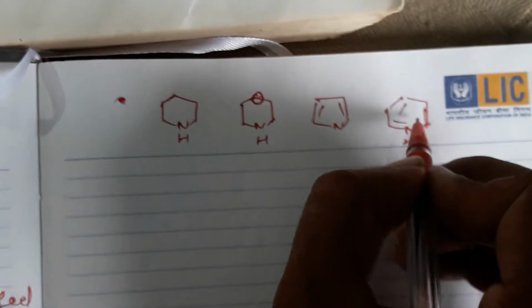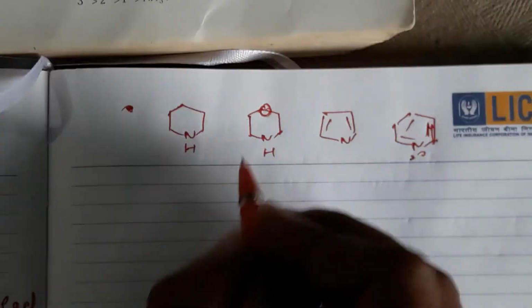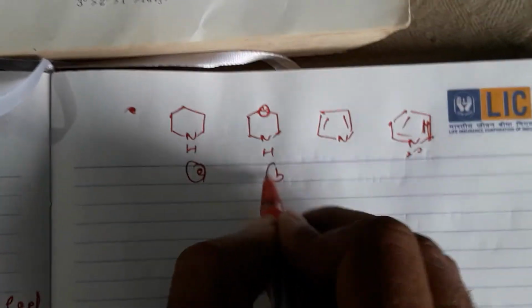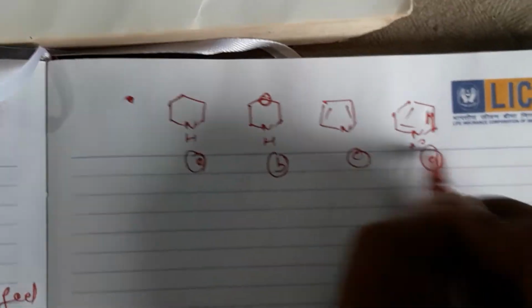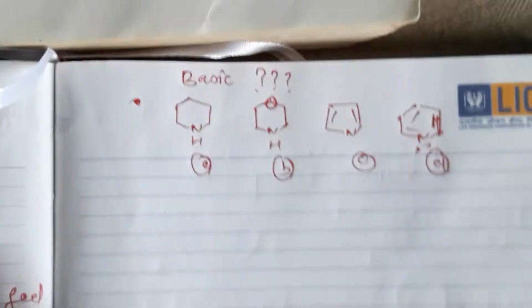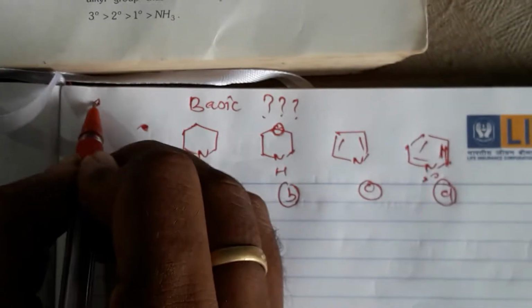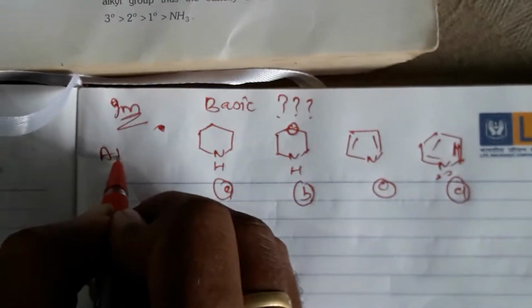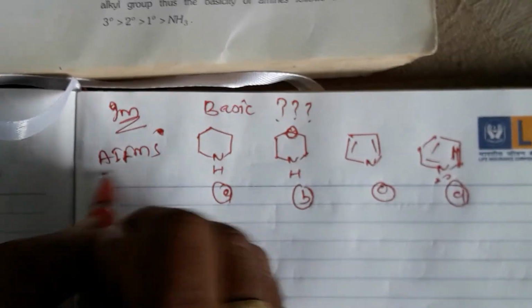So this is aromatic. Suppose this is A, this is B, this is C, this is D. Which molecule is more basic? So the question will be asked on basicity. It is a very important question for AIIMS and IIT level.